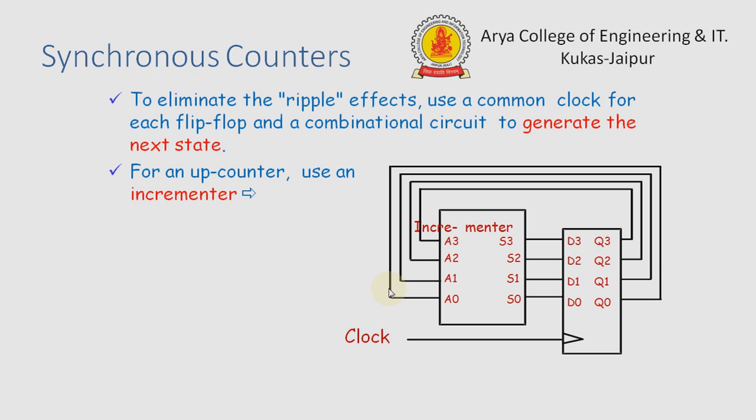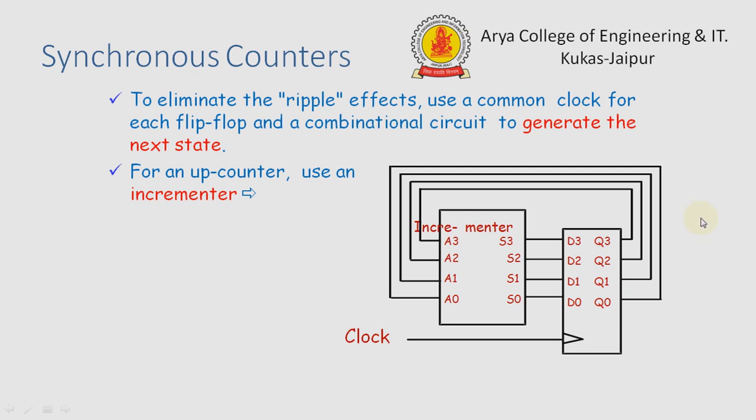So what is a synchronous counter? A synchronous counter is used to eliminate the ripple effects. It uses a common clock for each flip-flop and a combinational circuit to generate the next state. In an asynchronous counter, the input is applied to the first flip-flop, and then the output of that gives the input to the second flip-flop.